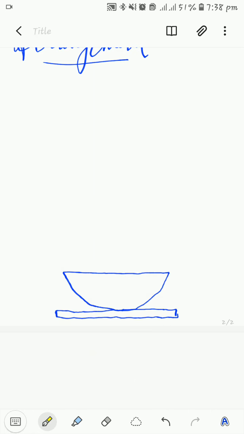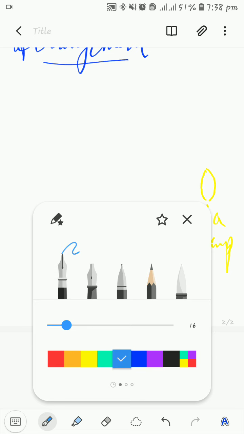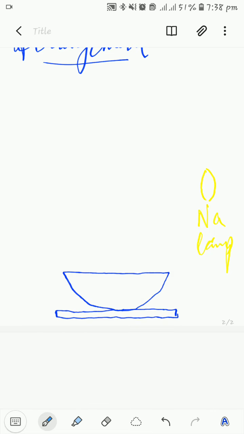On one side here we place the sodium lamp or monochromatic source, and again we put a convex lens in front of the sodium lamp so that all the light could be straightened up and converted into a parallel beam.